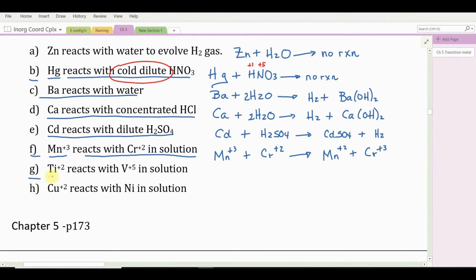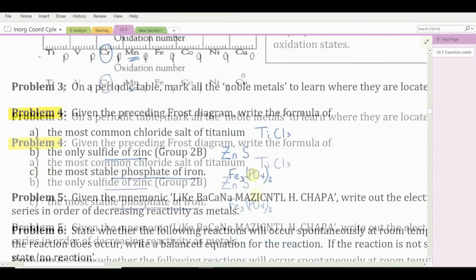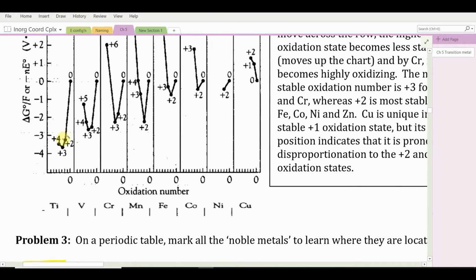G. Titanium 2 reacts with vanadium 5 in solution. Titanium 2 and vanadium 5. Will they react? And if so, what will they form? Let's take a look at the Frost diagrams again. Titanium 2 and vanadium 5. Titanium 2 is a reducing agent.